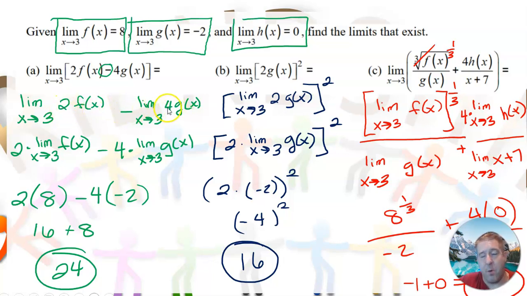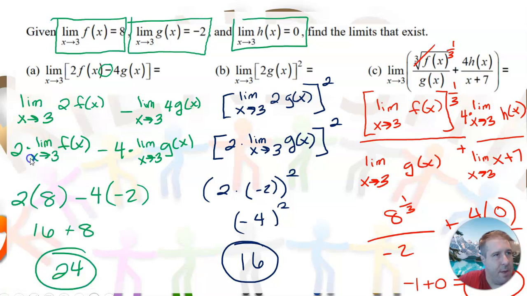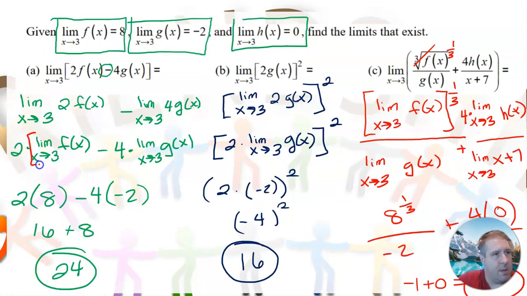Then I've got the 2 and the 4, which are constant multiples, pulled out to the outside. And then essentially, look what we have here. If I go back, I wasn't on pen. I have essentially these pieces, I guess I should put them in brackets here, that look exactly the same as the 3 pieces of information that they gave us.